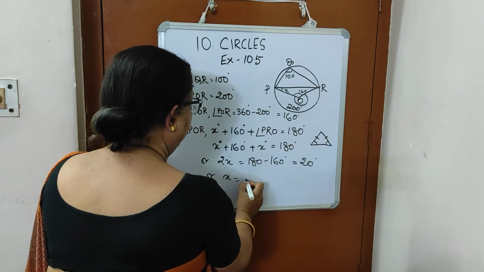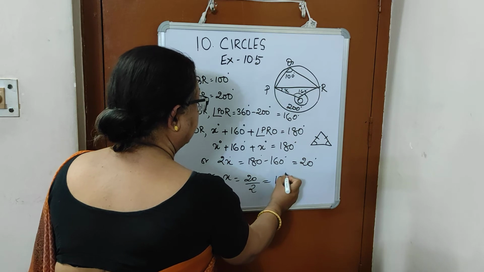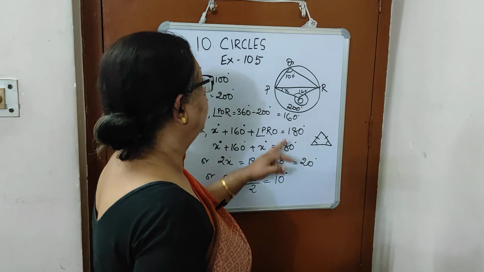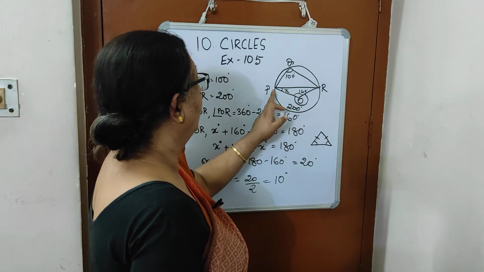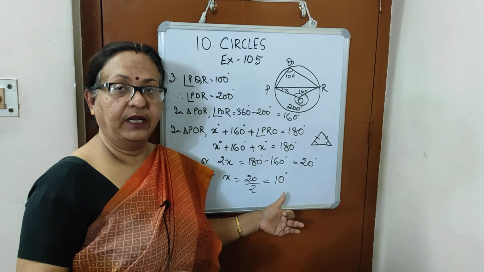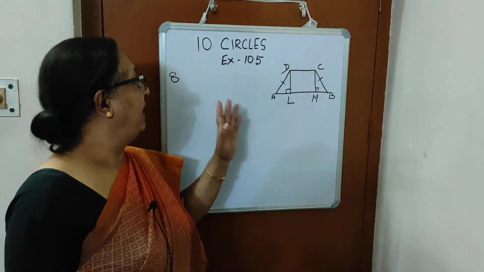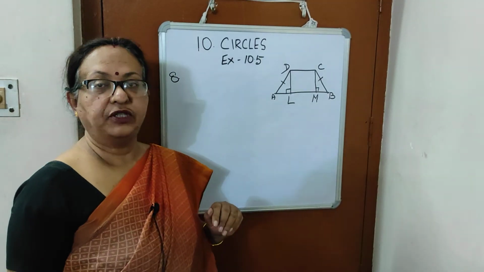So x will be 10. So you get this angle x, angle OPR, is equal to 10 degrees. Understood, children? Another sum.